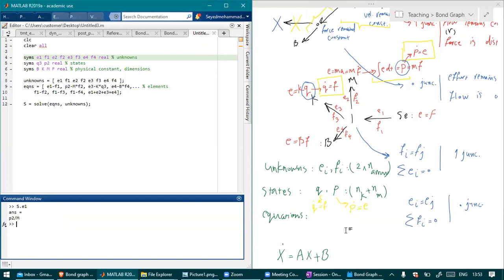Now the question is which of these equations are important? We are interested in the system dynamics, so we only care about the equation for F3, because it's Q3 dot, and only the equation for E2, because it's P2 dot. So basically the only equations that I need are F3 and E2.